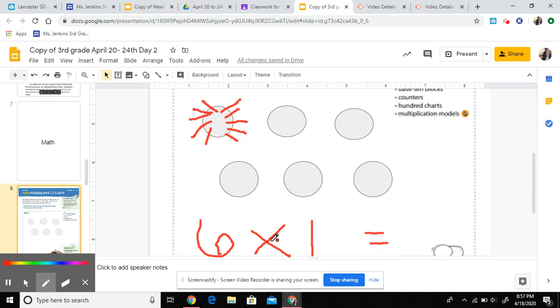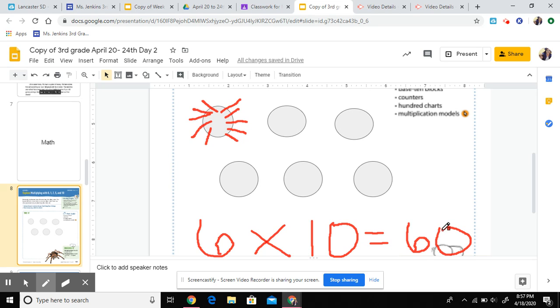So 6 times 1, which is the mirror, is just looking back at itself. So 6 times 1 is 6. It goes back like that. Now I'll add my 0 for 10, and then you just add a 0 to the answer. So that's how you know that the answer is 60. Or you can skip count like we did.